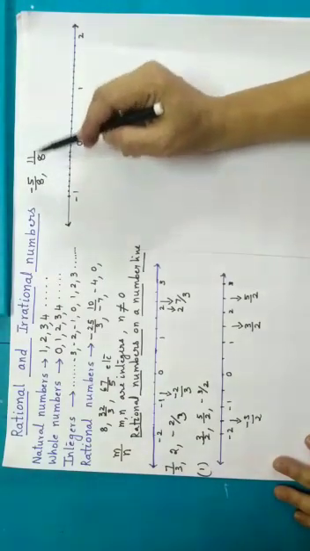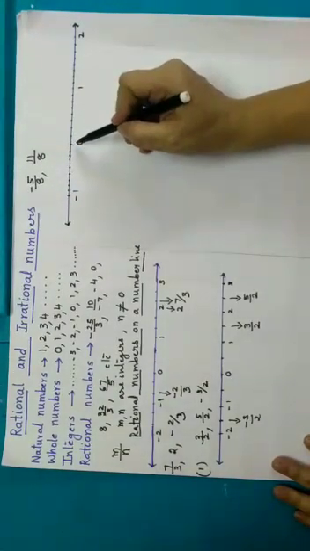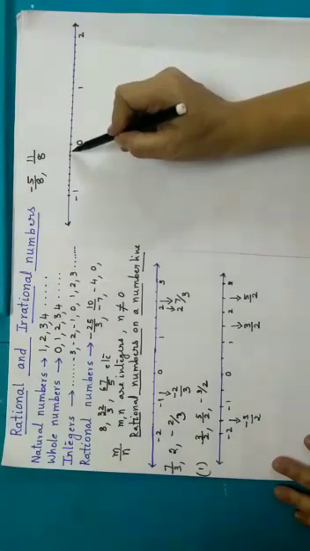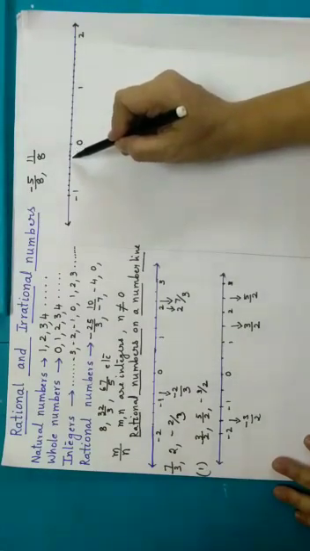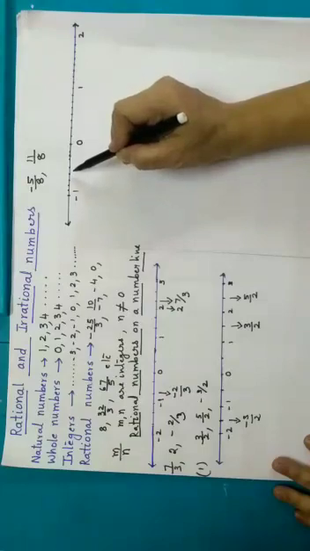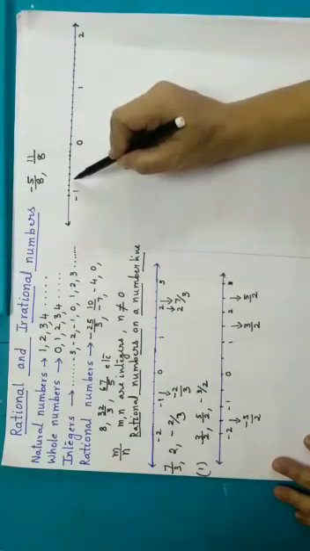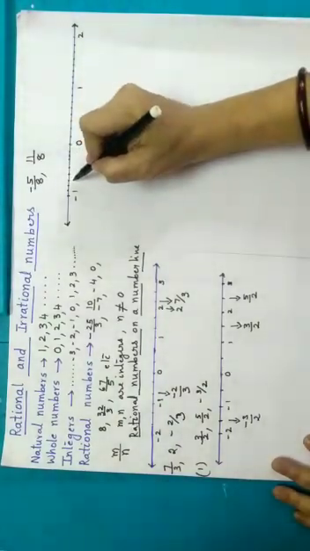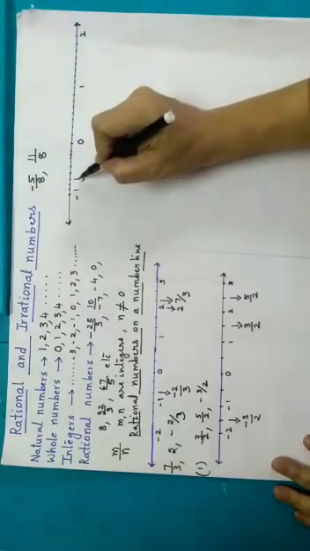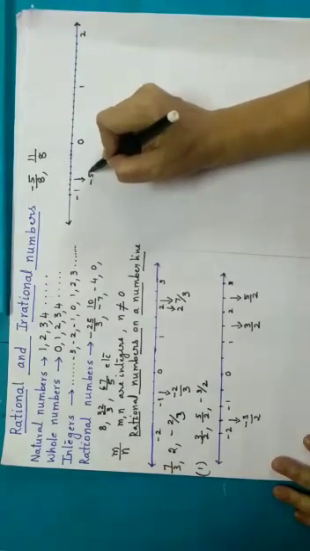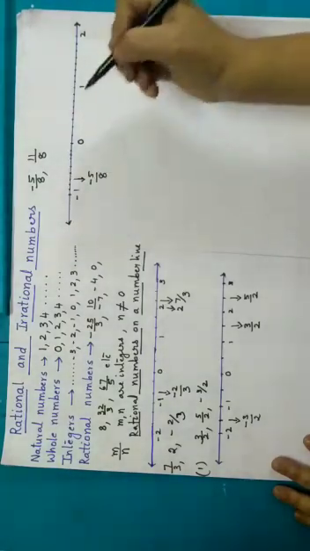This is negative, which means left side. Start from the origin. Minus 1 upon 8, 2 upon 8, 3 upon 8, 4 upon 8, 5 upon 8. So this will be minus 5 upon 8.